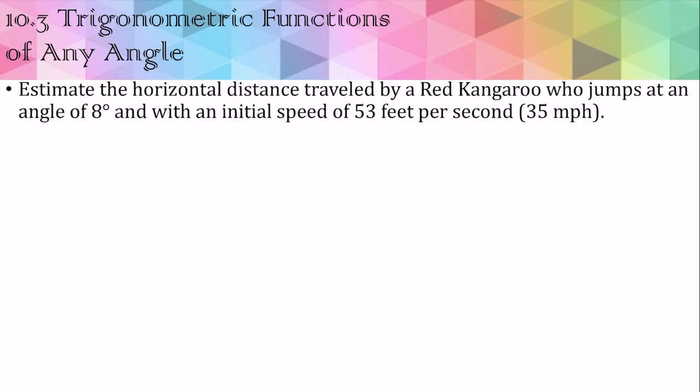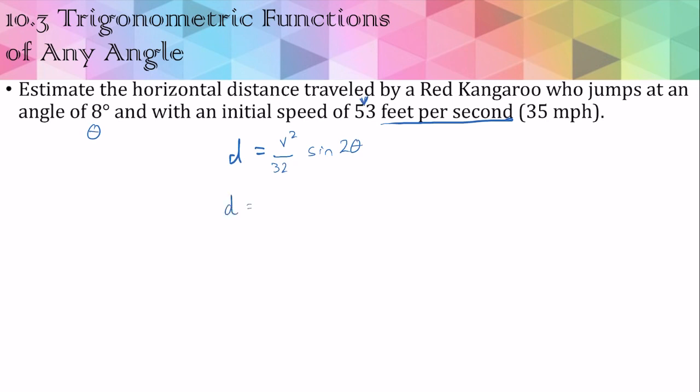When you're in feet per second, your distance is the initial speed squared over 32 times sine of 2 theta, where theta is the angle. So that's theta, and the 53 is the v.